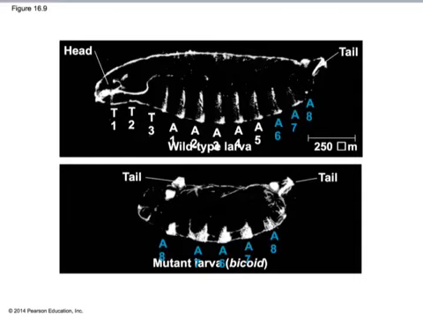Look at the numbers of the abdominal segments up there. It's weird. I can't read it. Oh wait, I have. 8, 7, 6, 7, 8. And then there's a tail here and a tail there.